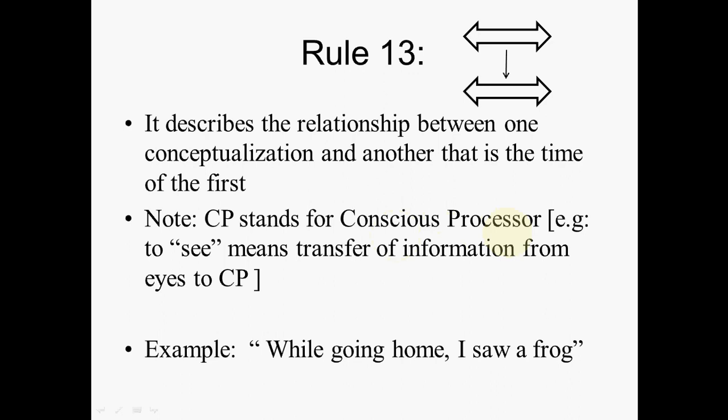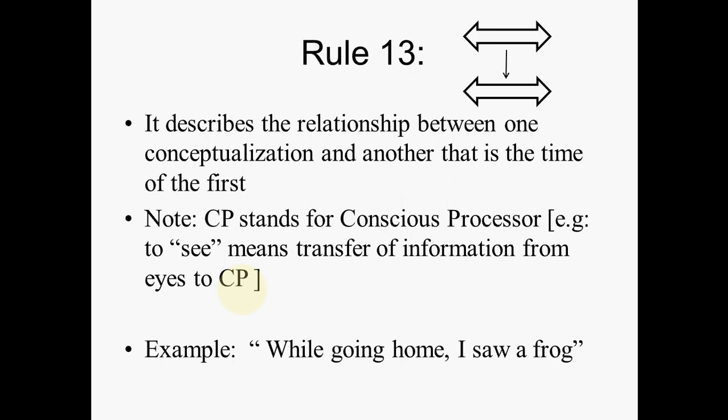Okay. So for example, to see something. Now the seeing act means it's a transfer of information from my eyes to my consciousness processor. Basically the consciousness processor is nothing but a part of the brain that processes the information. So when I say I see, the information goes from my eye to my brain, where it gets registered what I saw.